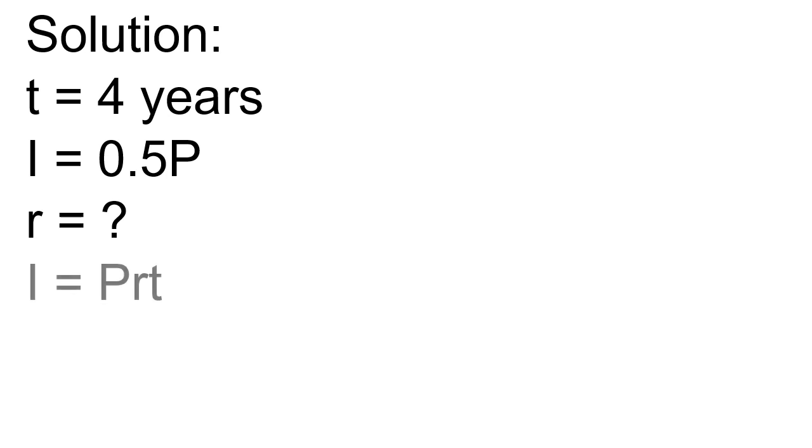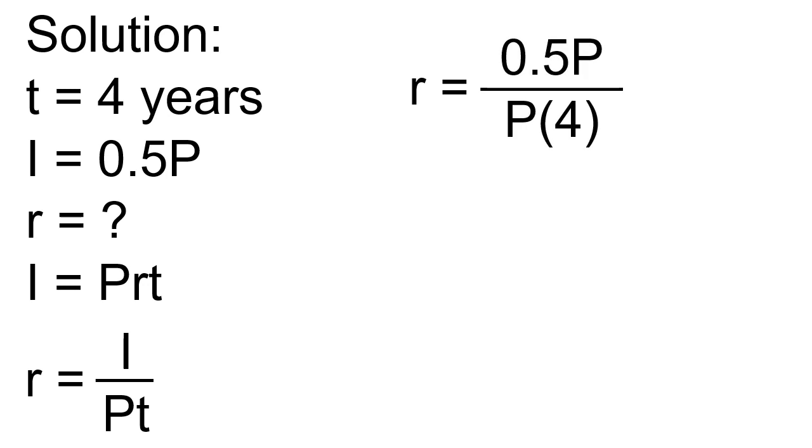So let's solve for R. We will still be using the same formula. I equals PRT. To solve for R, divide both sides of the formula by PT. So you're going to have R equals I over PT. Just substitute the values of I, P, and T. So I is equal to 0.5P. P is of course principal, and then 4.